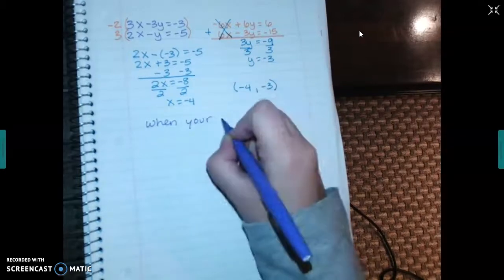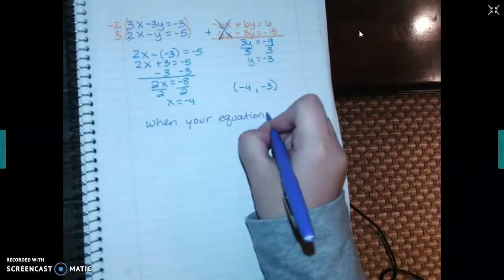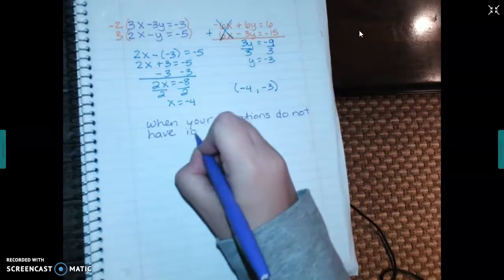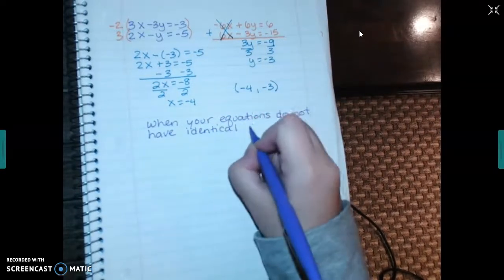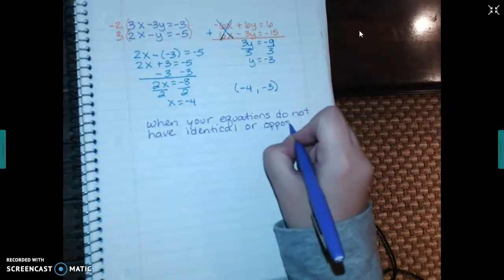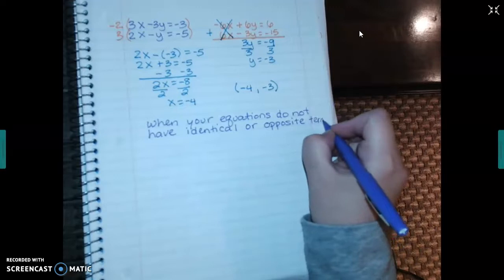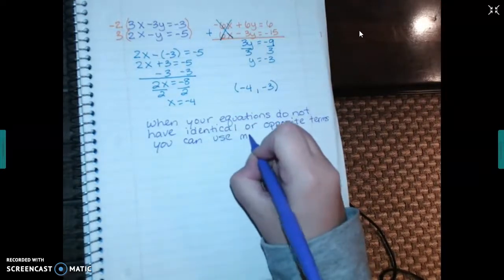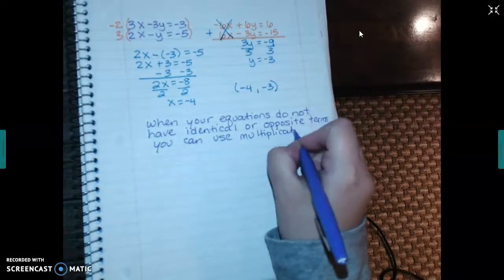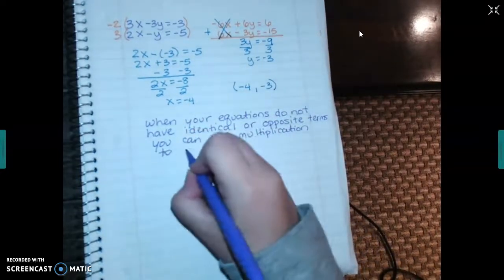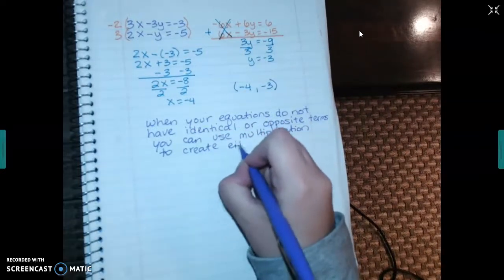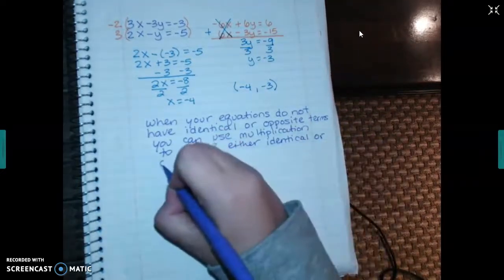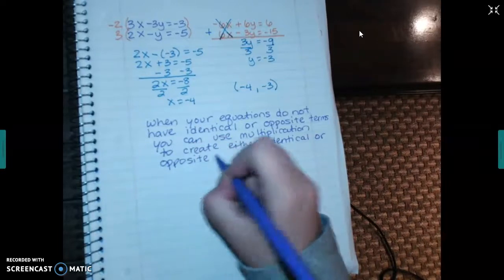When your equations do not have identical or opposite terms, you can use multiplication to create either identical or opposite terms.